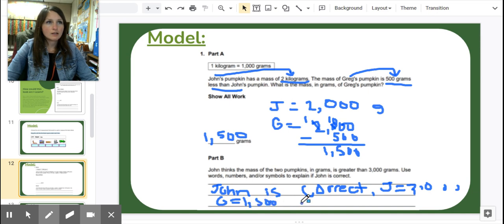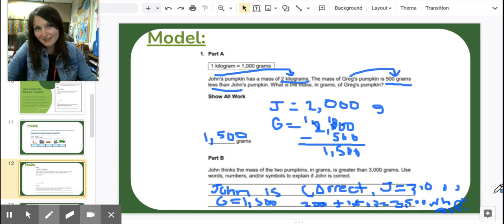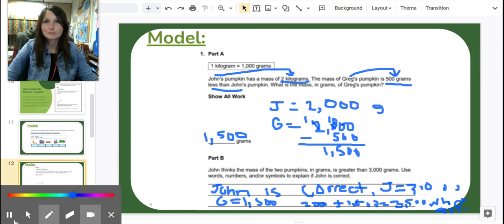And I can say 2,000 plus 1,500 equals 3,500, which is greater than 3,000. And now you would take the time to write all that out correctly. It's hard to do with this pen. So that would be a way to explain how you know that he is correct.